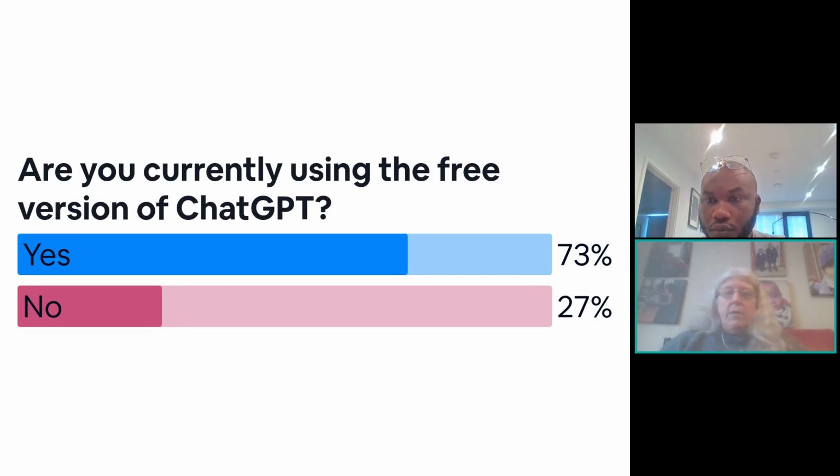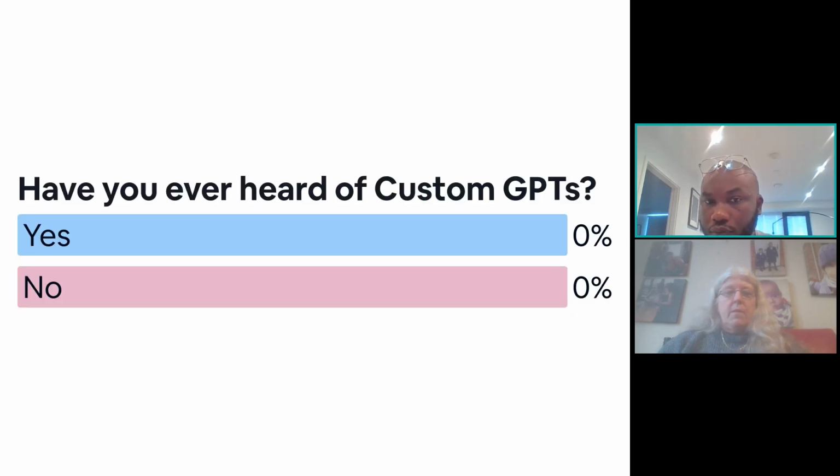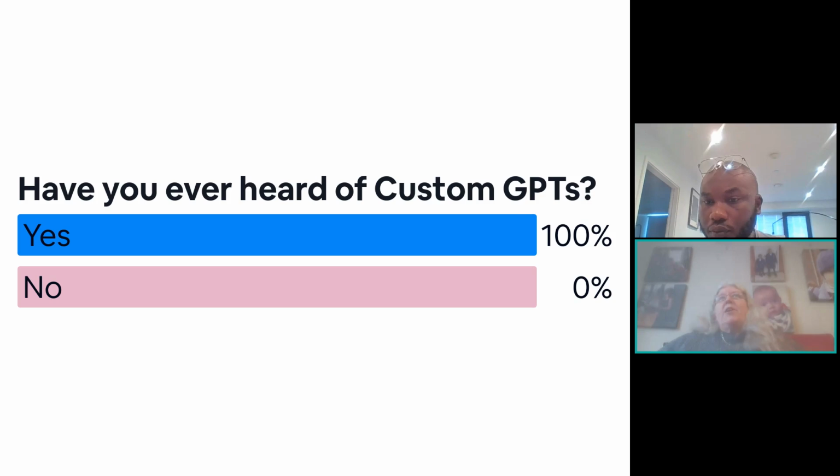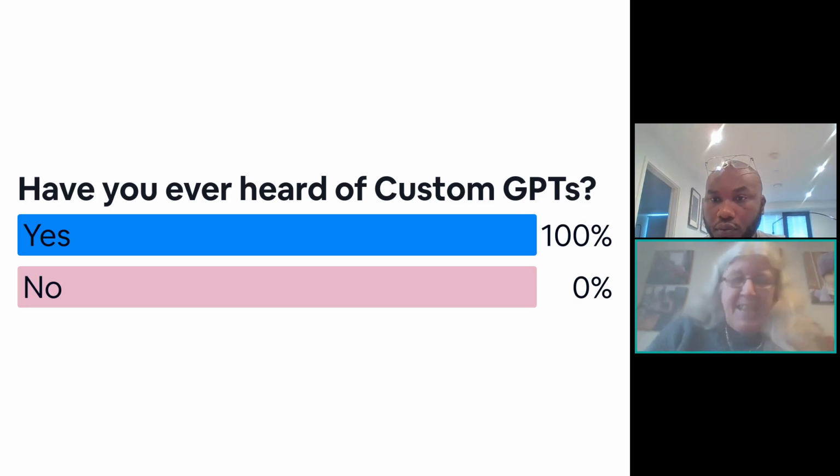Maybe we could do the next one. Can I put up the next one? So, yes. I guess in a way it was, had you heard of them before today? Because, of course, you're here. So you now know what they are. You now know about them.